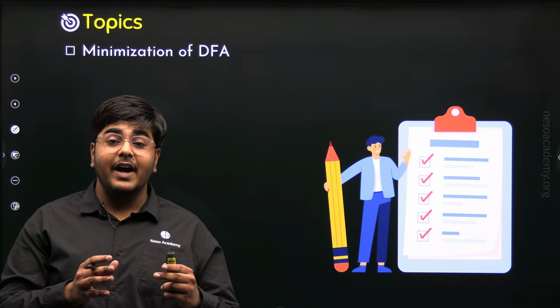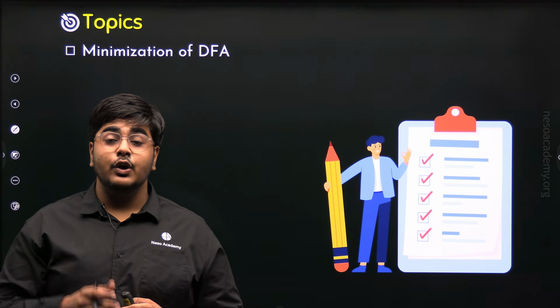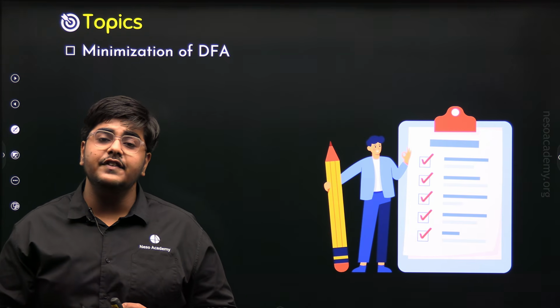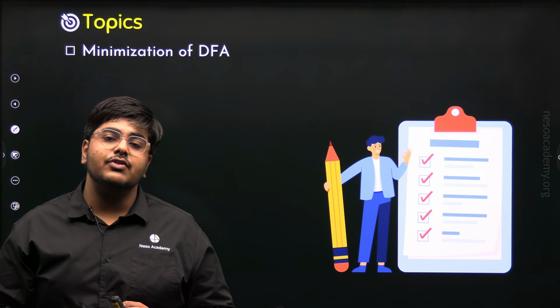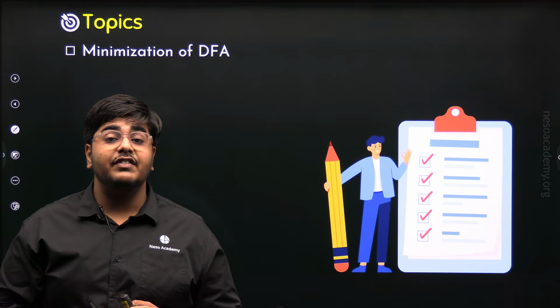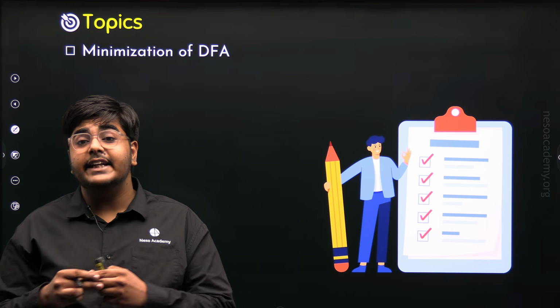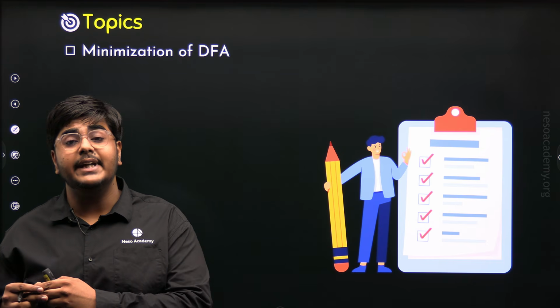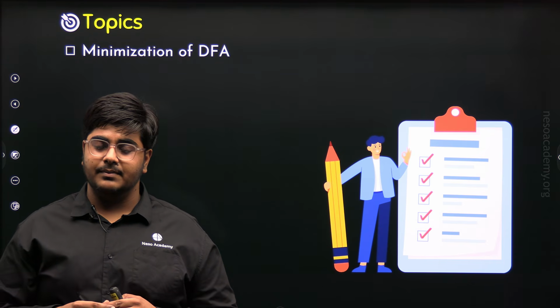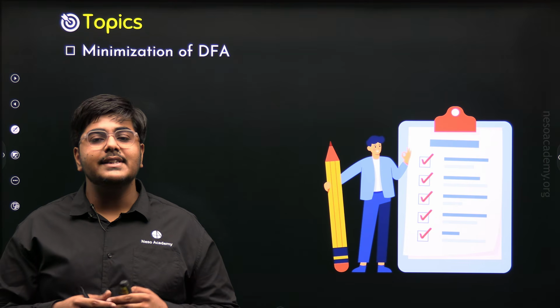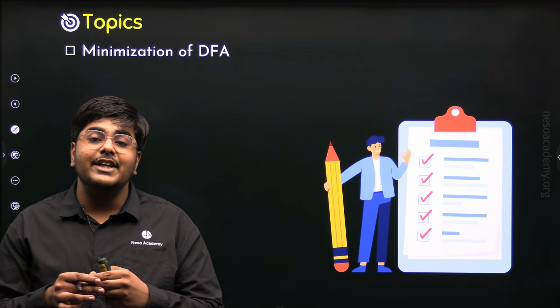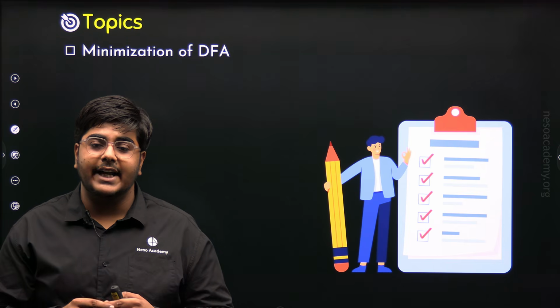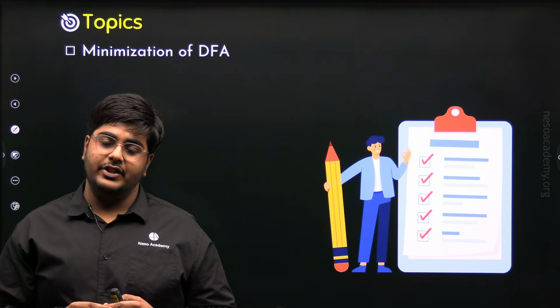Now, if I ask you which of the DFAs is more efficient, the DFA constructed by student A having 5 states or the DFA constructed by student B having 4 states? Obviously, the DFA constructed by student B having 4 states will be more efficient.